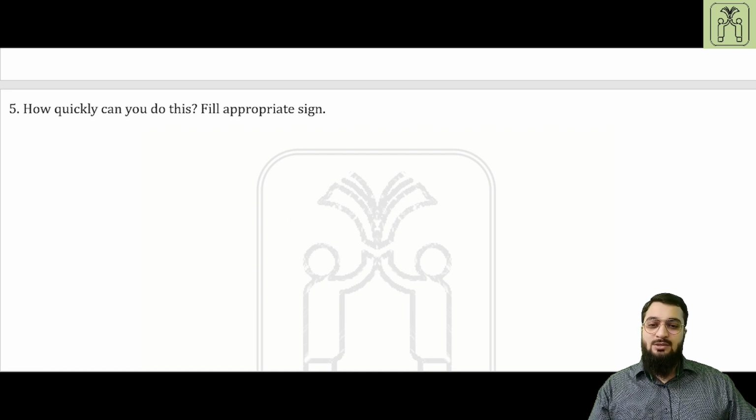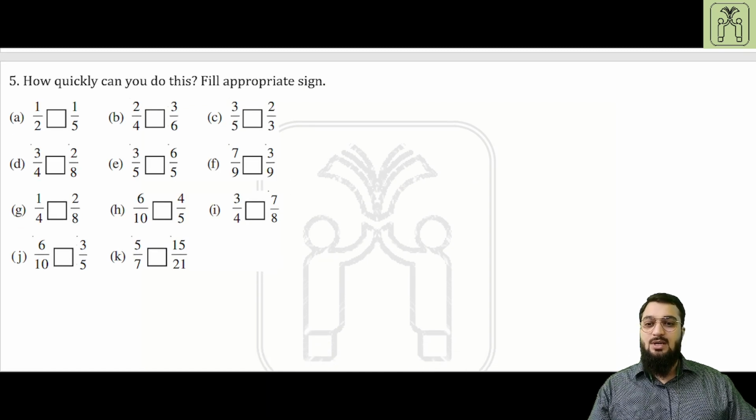Coming to the next question, that is question number 5, and that is how quickly can you do this? Fill appropriate signs. So just start a stopwatch or a timer, and then we'll attempt this question. I hope that you have started it, and you should do this when you are doing it on your own. I'll just make you understand by answering all the questions, and we'll go sequentially. So first, numerator same, that is smaller the denominator, greater the fraction.